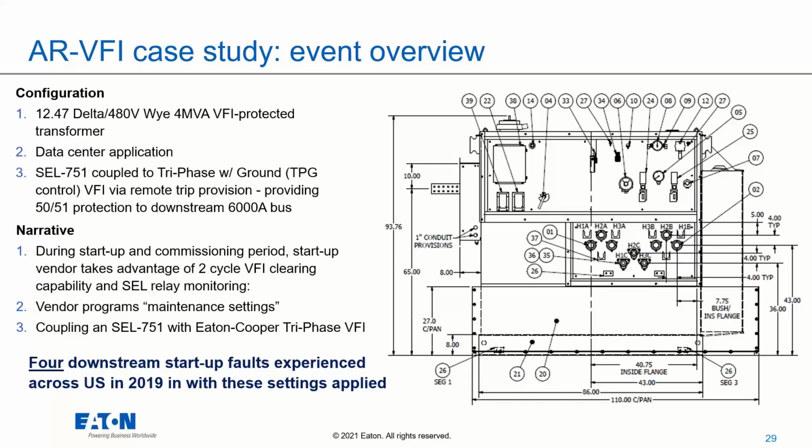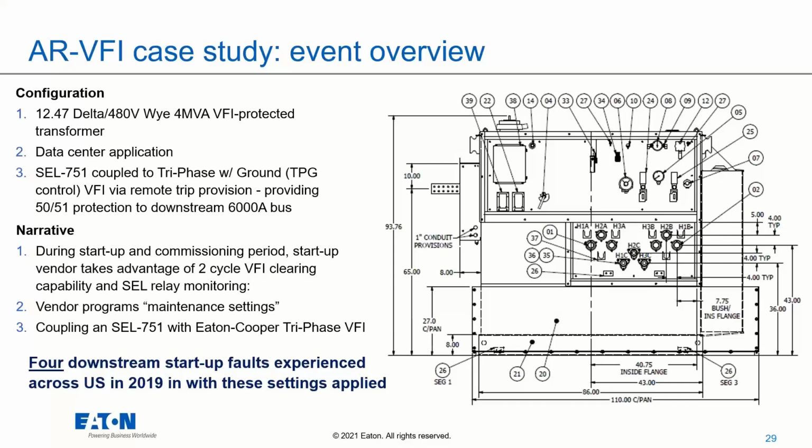And this is actually more of an earlier model, but for the most part, it's kind of one product. When I say an earlier ARVFI model, I mean that it has a secondary feeder relay, in this case an SEL 751, with our normal tri-phase TPG control on the primary with a vacuum fault interrupter in the tank. And effectively, it's the same as having one single differential relay by having both the primary and secondary pieces for sensing.